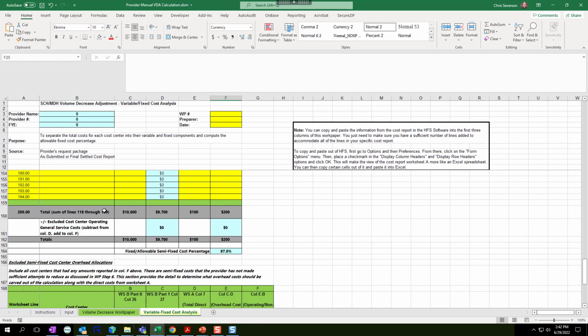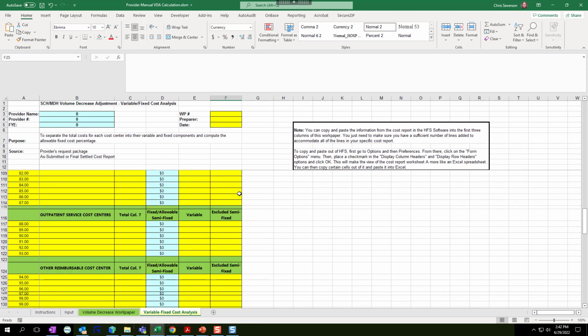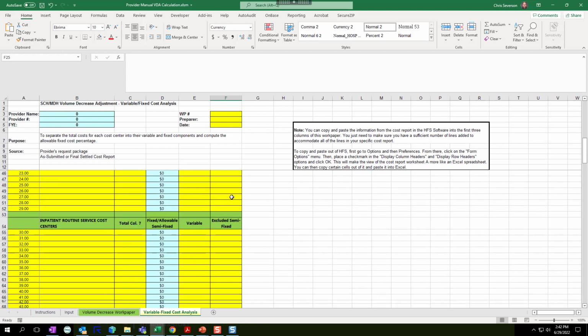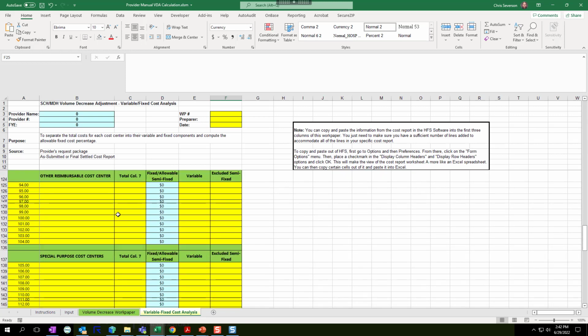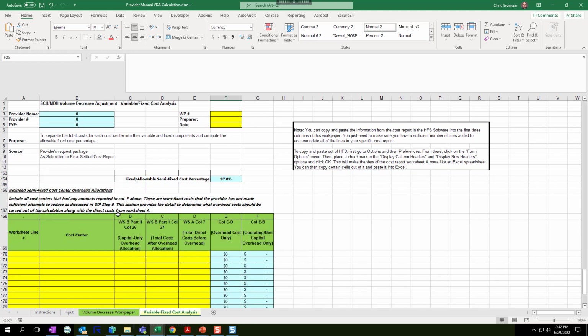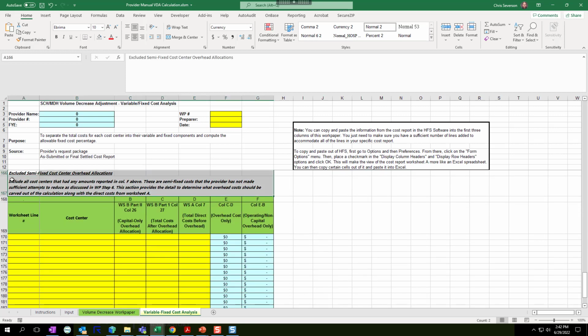And then at the very end, anything you had that had this excluded semi-fixed cost, so in this case this $200, any of these you would also need to include down here in this row 166.